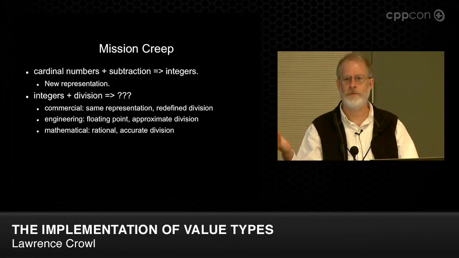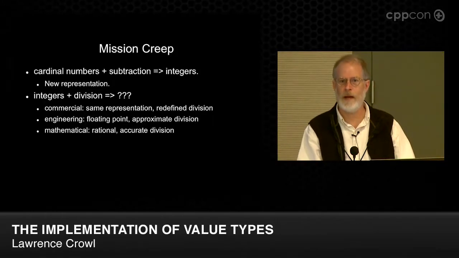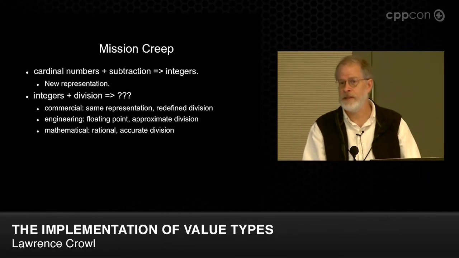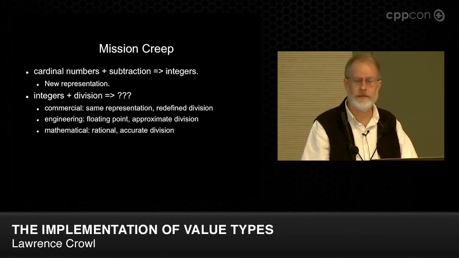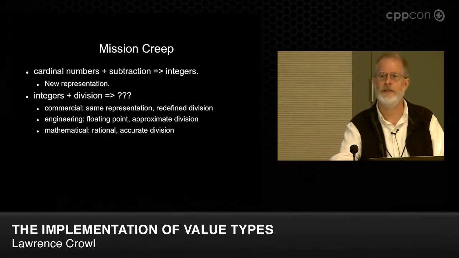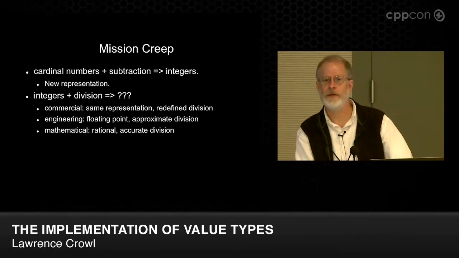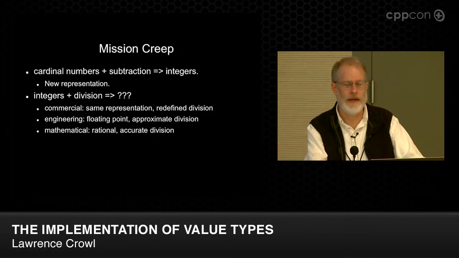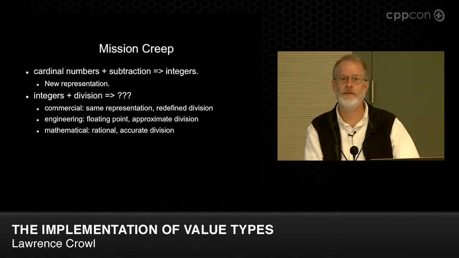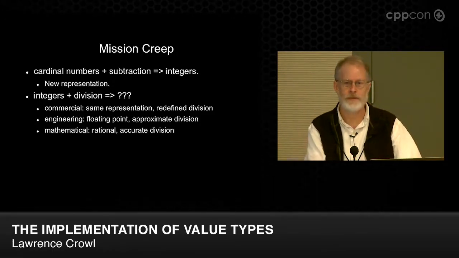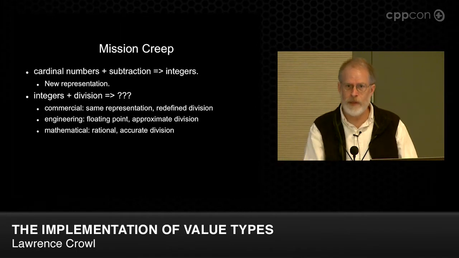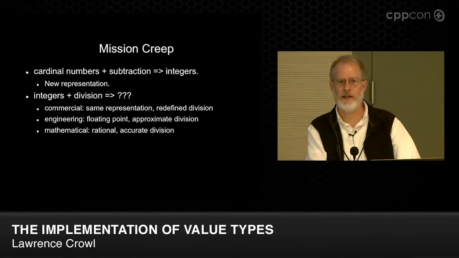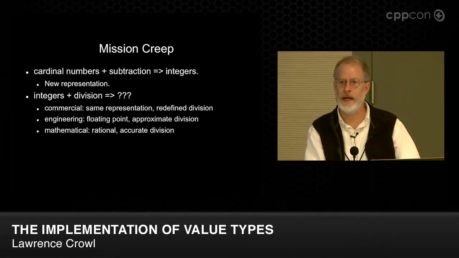There were 3 different representations of signed numbers popular in early computing days. When we added division to integers, we took a fork in the path. Commercial operations tended to use quotient and remainder. Scientific applications invented floating point. Mathematical applications often went to rational numbers. So now, because we added one little operation, we're suddenly in 3 different worlds. And you need to decide which world you're going to be in when you add an operation.